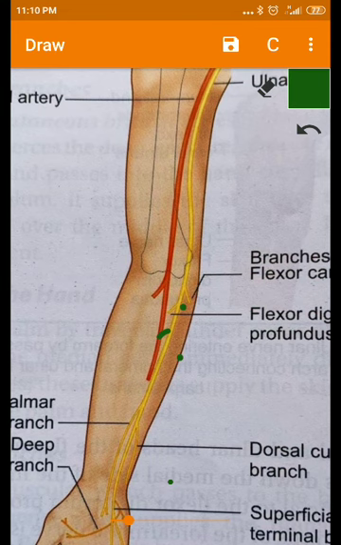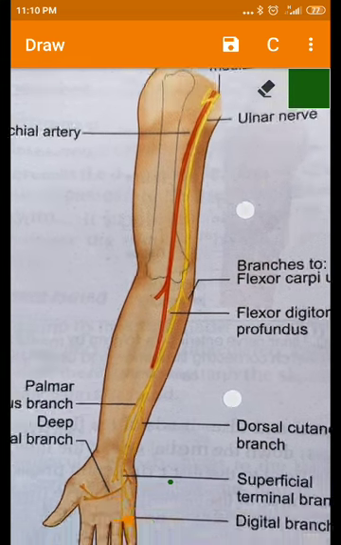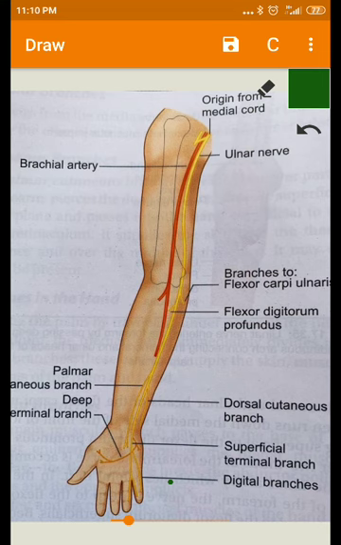So in the upper part of the forearm, the nerve lies deep to these muscles and superficial to the flexor digitorum profundus. Okay, here we can say these are the relationships of this nerve in the upper and lower arm.